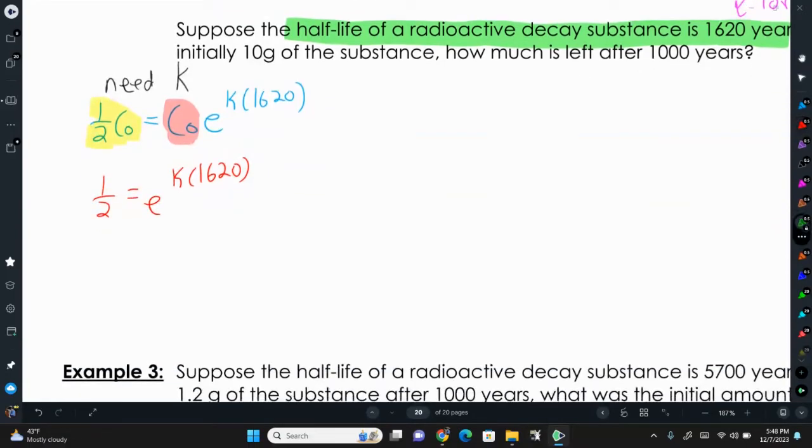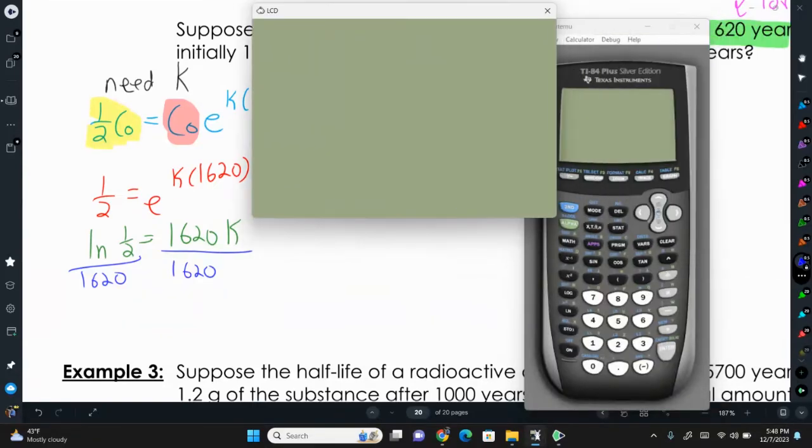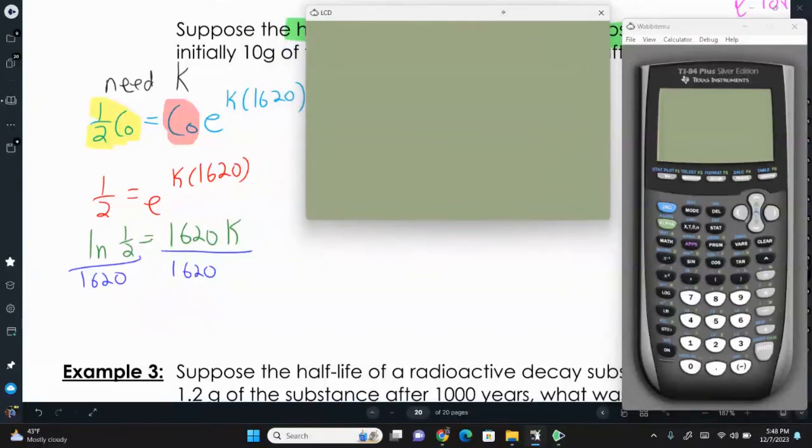Well, now that we have the base by itself, we can change this to a log. So log base e, or natural log, ln of 1/2 equals 1,620 times k. So I'm going to divide 1,620 on both sides, and then in my calculator, I'm going to type this in with one step.